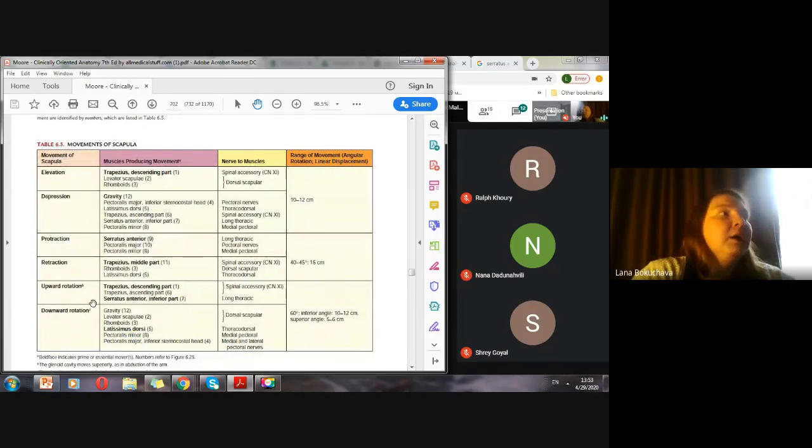So what is interesting here is the scapula, as you can see in this particular table. Although there is no direct attachment, as for example for the trapezius muscle, latissimus dorsi will perform, not only but mainly, the downward rotation.